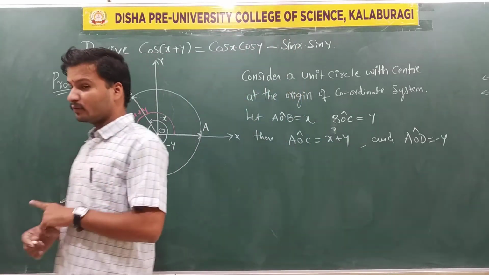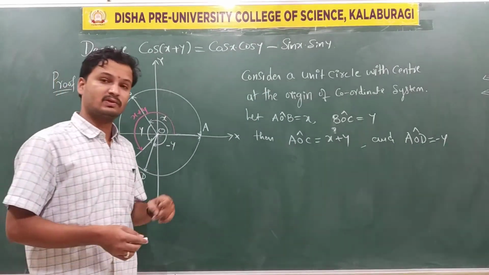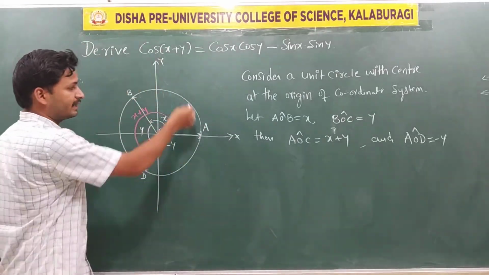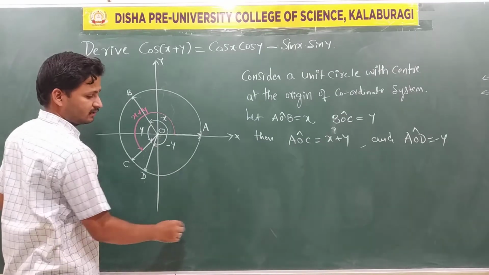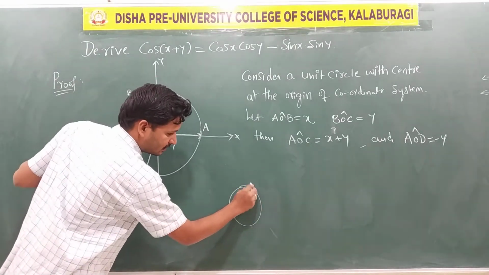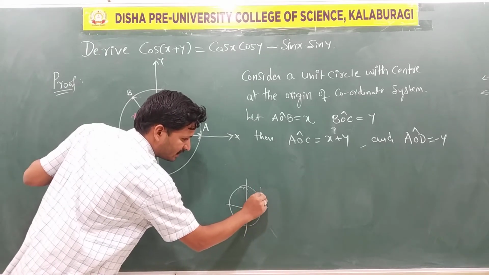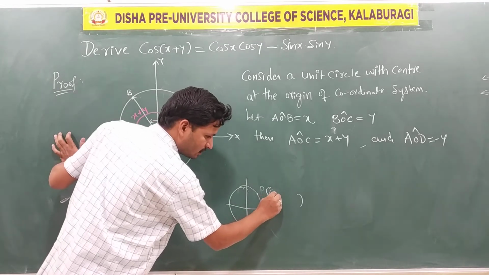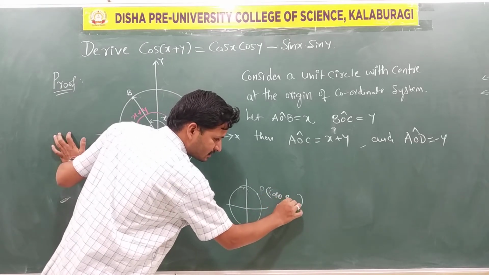In the first video, we used this while proving sin square x plus cos square x is equal to 1. So any arbitrary point P on a unit circle can be written as cos theta comma sin theta.